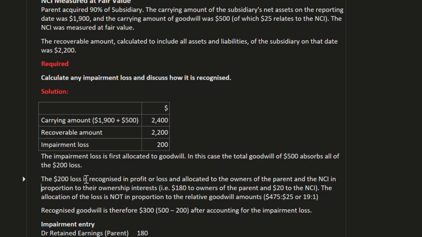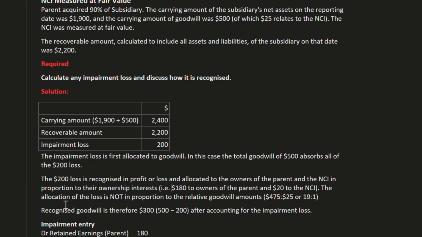The 200 loss is recognized in profit or loss and allocated to the owners of the parent and NCI in proportion to their ownership interest, such as 180 to owner of the parent and 20 to the NCI.